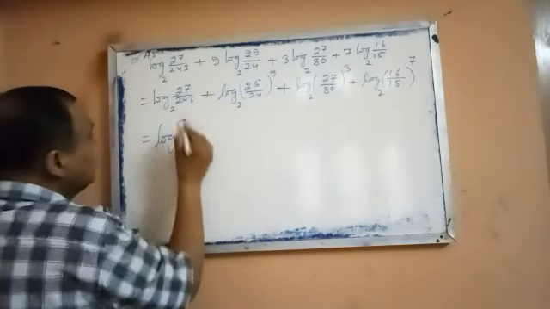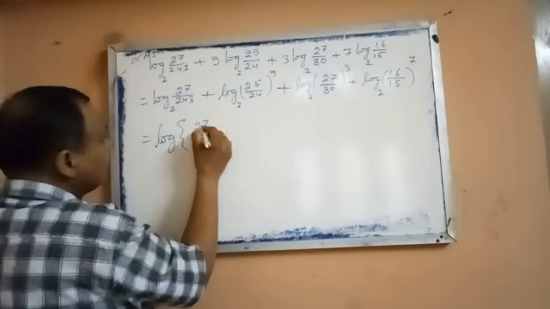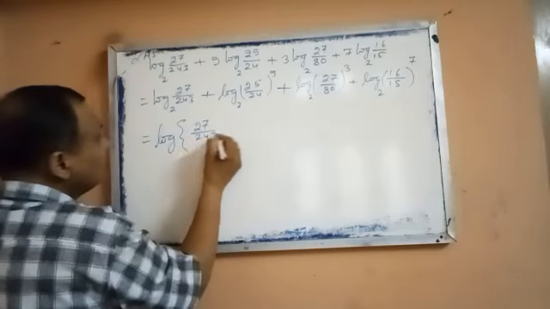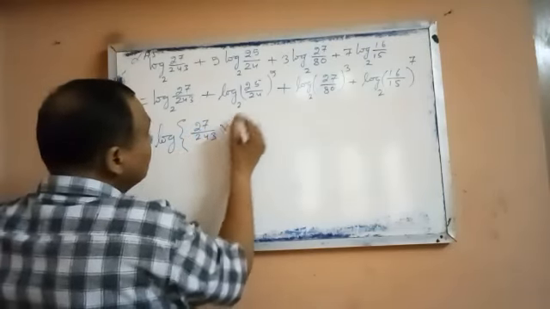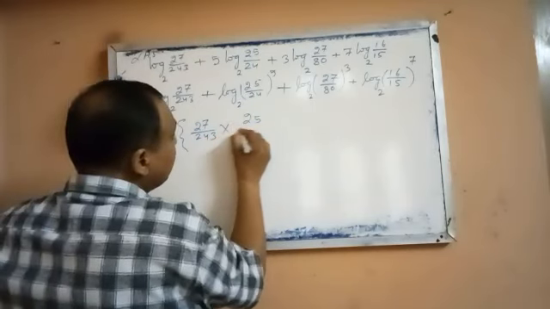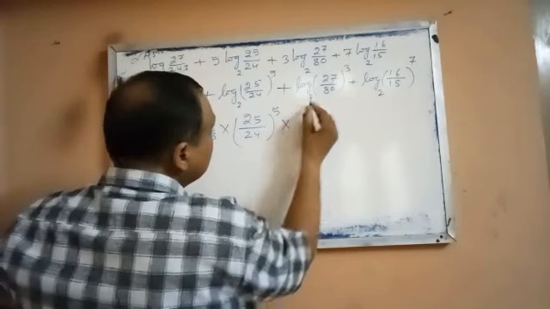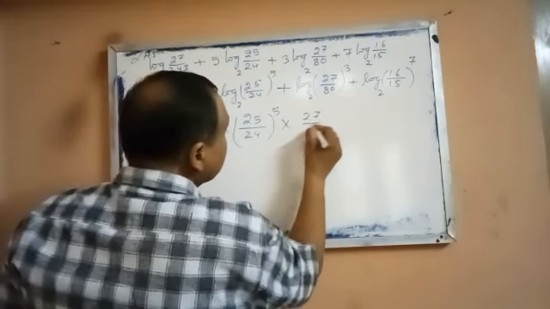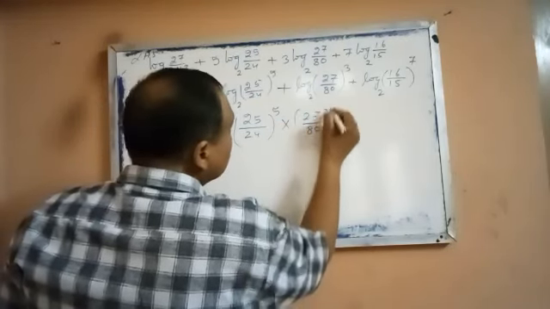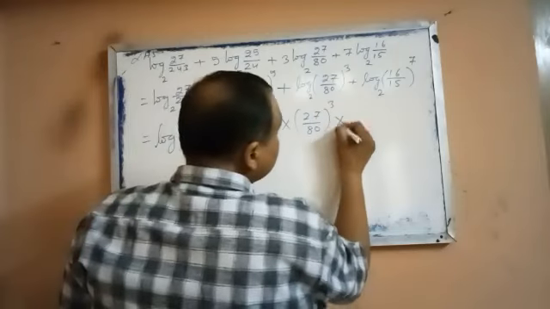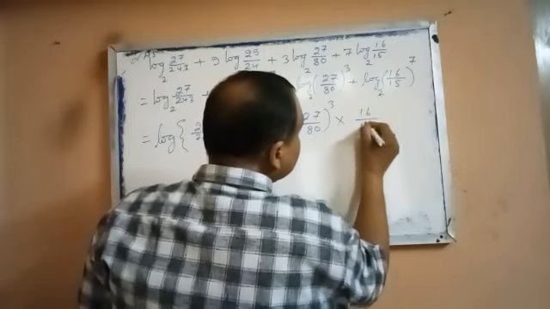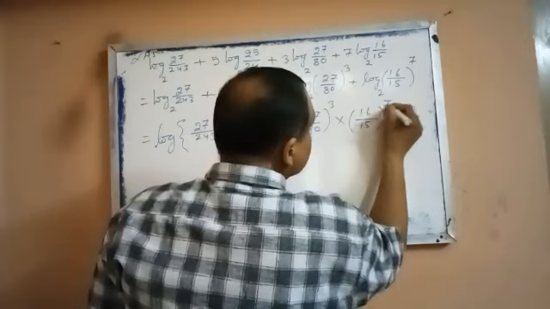Log, we will write like that, 27 by 243 into 25 by 24 whole to the power 5 into 27 by 80 whole to the power 3 into 16 by 15 whole to the power 7.